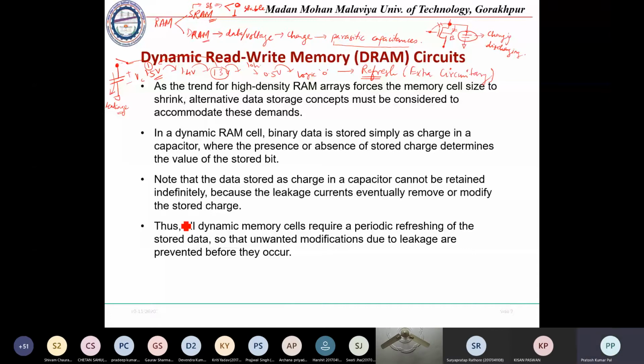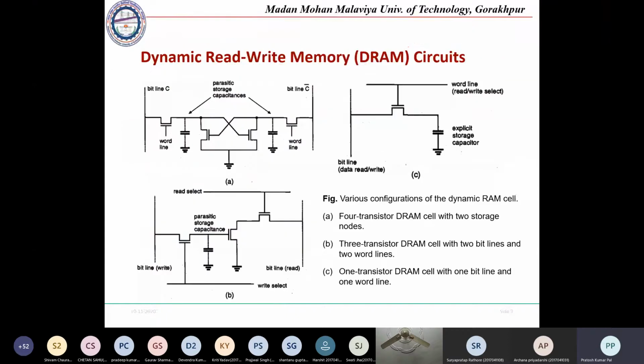Now we'll see some structures of DRAMs. Why is there a requirement for DRAMs? Because there were some disadvantages of SRAM circuits, there is a need for a DRAM structure.